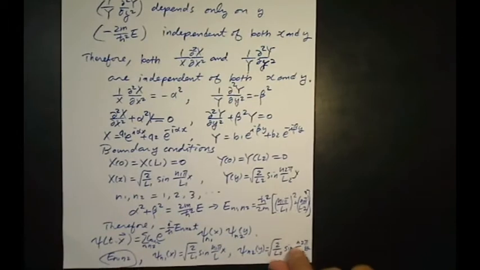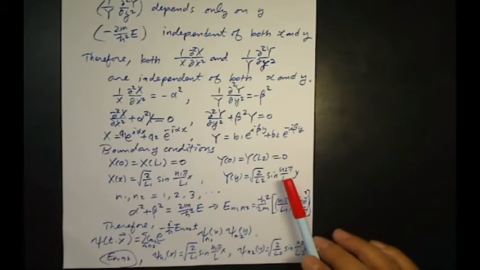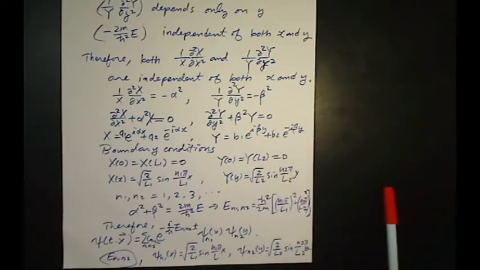Again, because the eigenfunction is a product of the x eigenfunction and the y eigenfunction, and both of them are sines, these integers must be positive. If I substitute n equals 0 for either n1 or n2, the wave function disappears. It just becomes a trivial wave function 0.